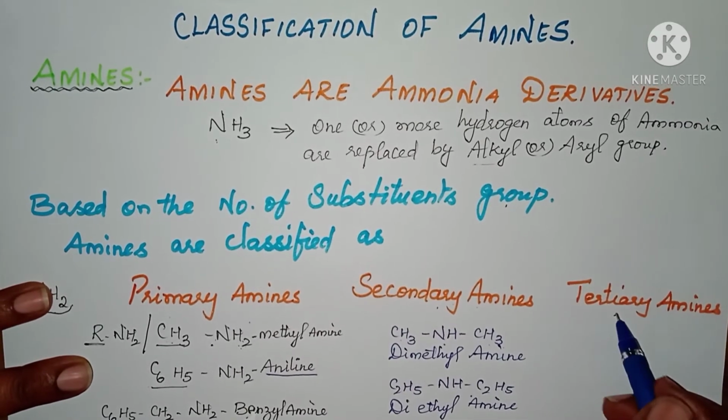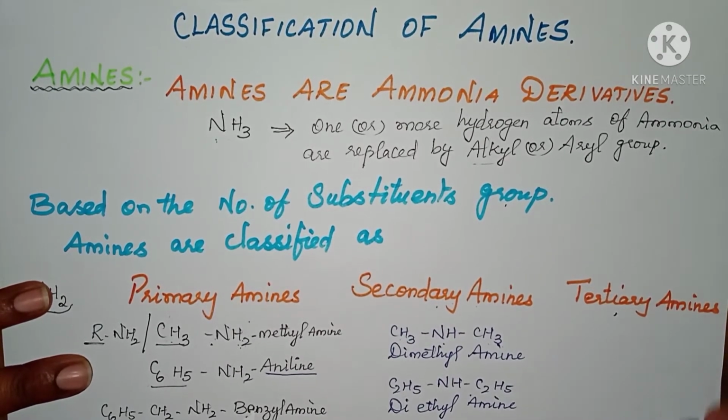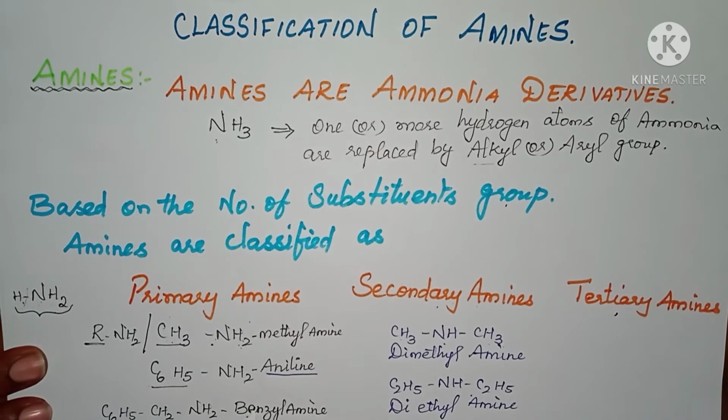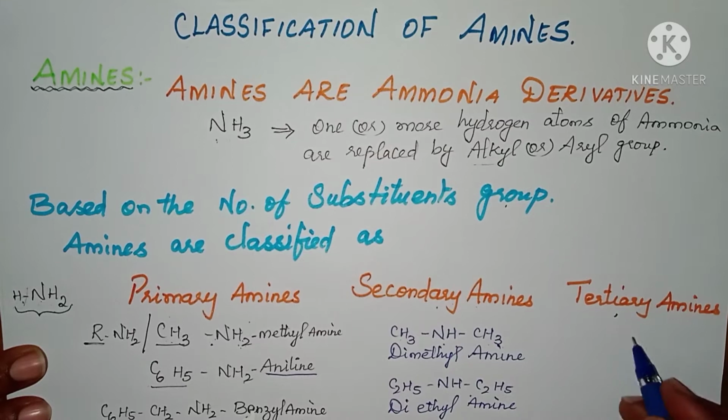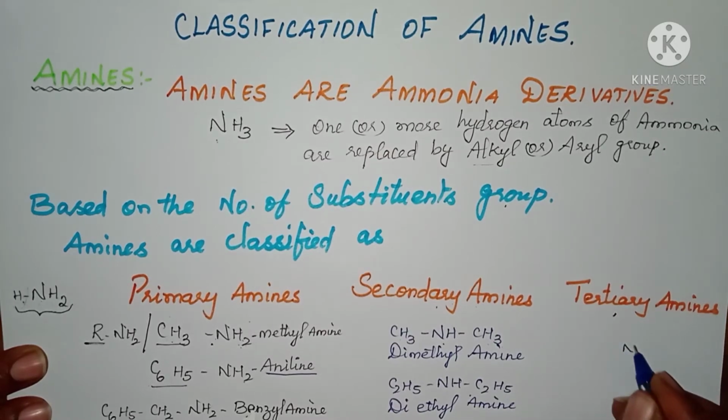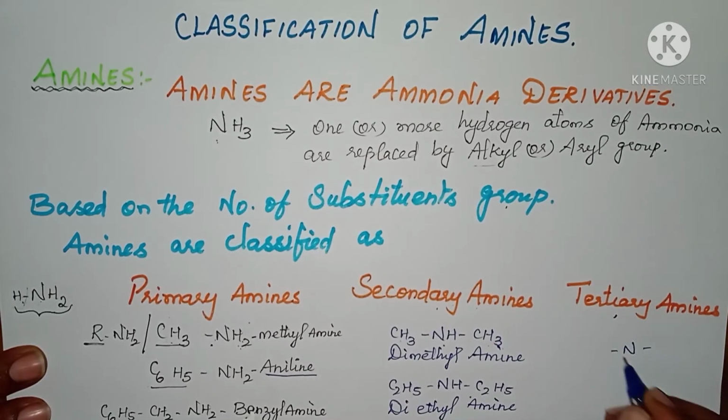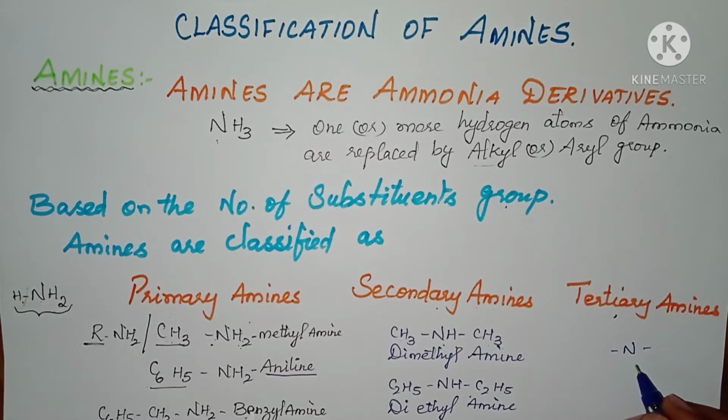Now next one, tertiary amine. Naturally you know very well. Here only one hydrogen is replaced, here two hydrogens are replaced, here naturally three hydrogens are replaced. That means only the nitrogen will be available. That is called tertiary. The 3 hydrogens are replaced by alkyl or aryl groups, so there is no hydrogen atom attached to the nitrogen.